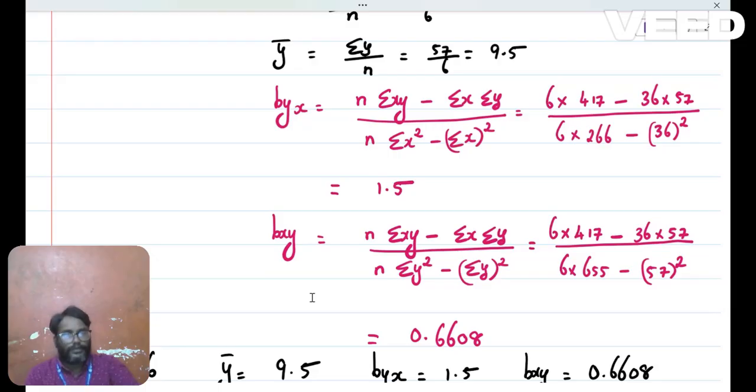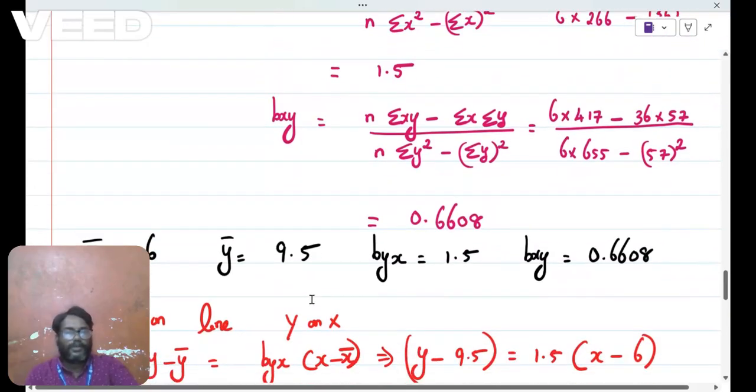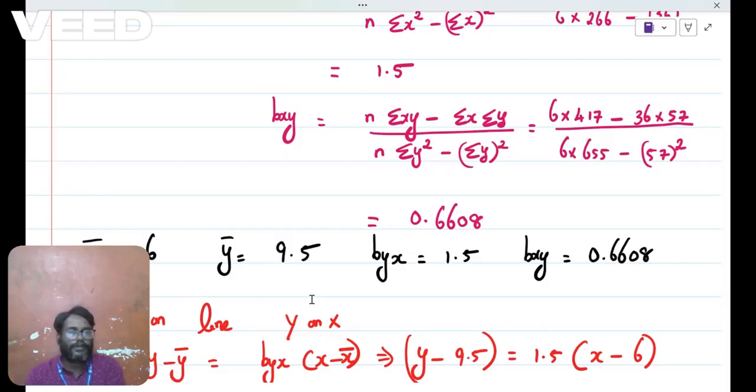Substituting the values, we get b of yx is equal to 1.5. Similarly, the regression coefficient b of xy is equal to n into sigma xy minus sigma x into sigma y divided by n into sigma y square minus sigma y the whole square. Substituting the values, we get b of xy is equal to 0.6608.